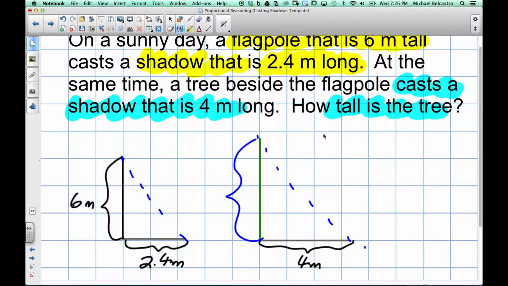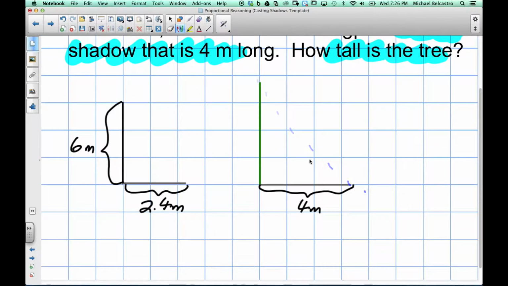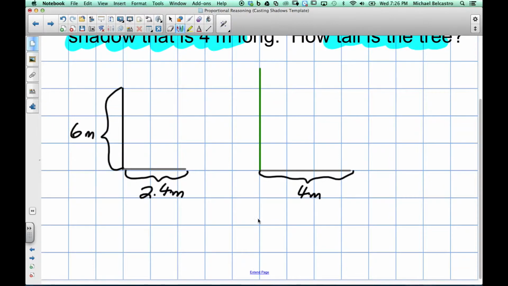Okay, so in this question we're going to be using unit rate to try and solve this. So we're going to set up our two categories here. And the two categories, though we have a flagpole and our tree, our categories are really the shadow length, and height of the object.